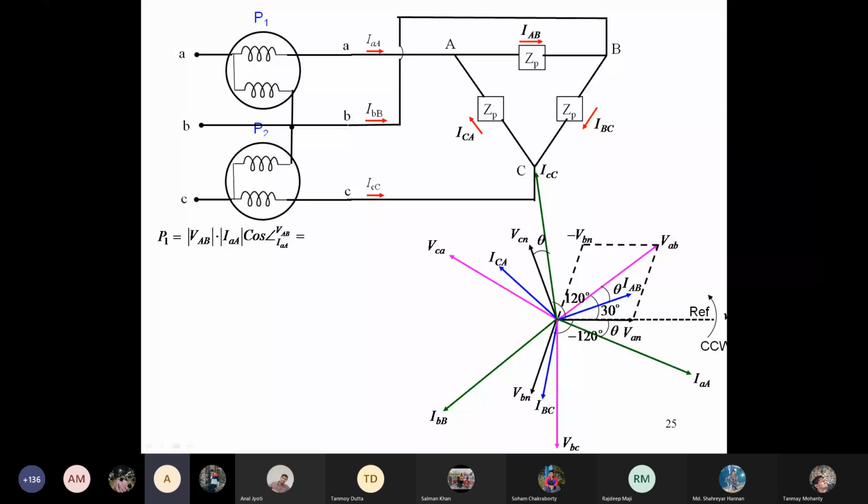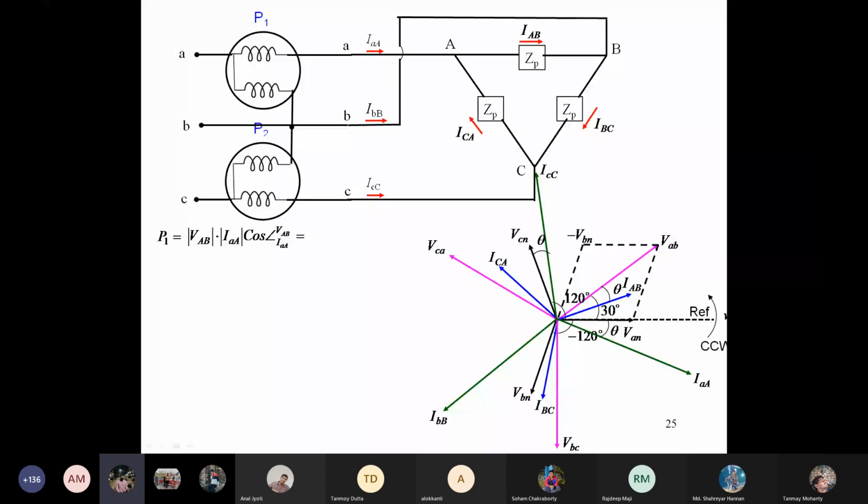The theta between IAB and VAB is the same as between VAN and IA, because it is a balanced load.